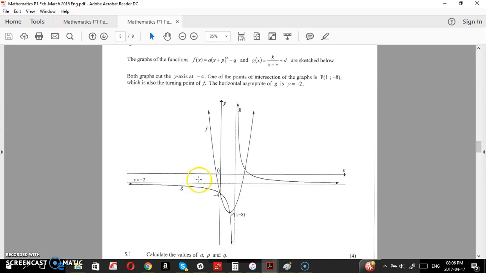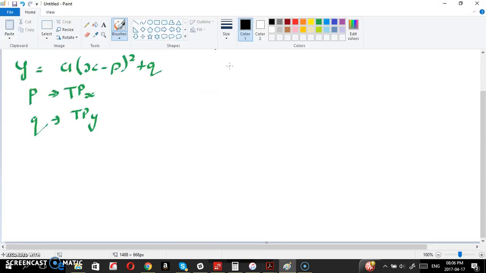Question 5.1 is saying calculate the values of a, p, and q. These are the values of the parabola. Let's go to our whiteboard. Now, I've already written for you the general formula, or the turning point formula for a parabola. Y is equal to a into x minus p all squared plus q.